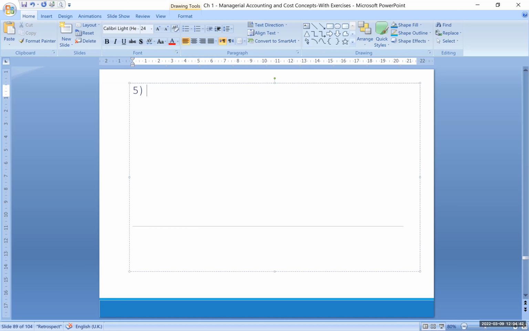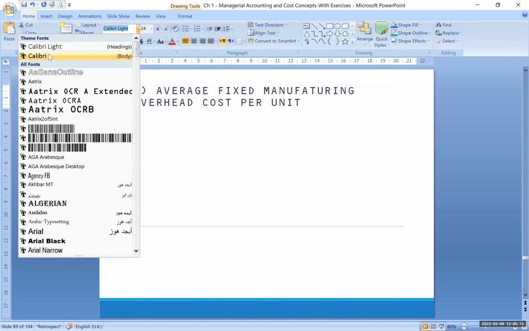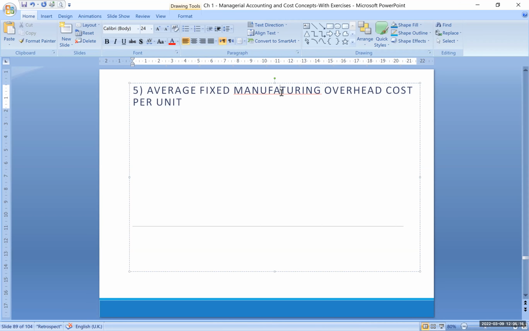Average fixed manufacturing overhead cost per unit will be what?